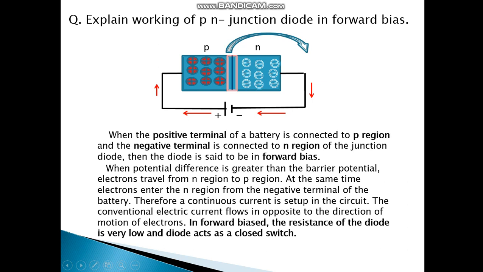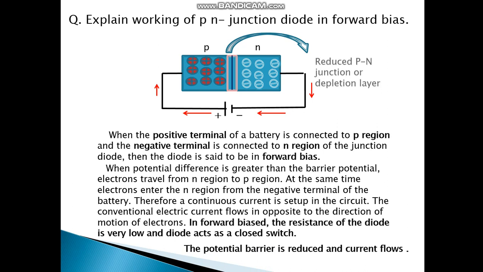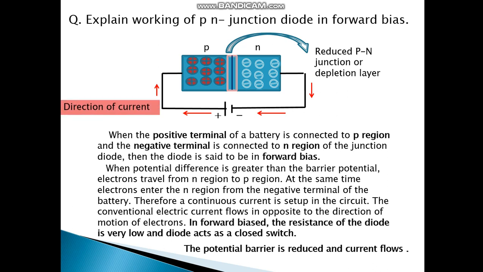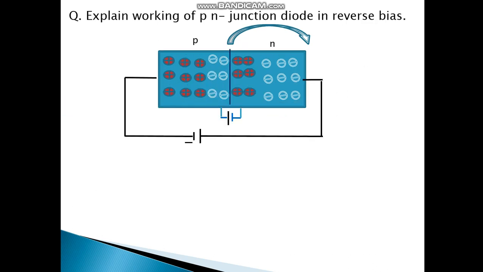At the same time, electrons enter the N region from the negative terminal of the battery. Therefore, a continuous current is set up in the circuit. The conventional electric current flows in the opposite direction to the motion of electrons. In forward bias, the resistance of the diode is very low and the diode acts as a closed switch. The potential barrier is reduced and current flows. So this is a reduced p-n junction. This is the direction of current.